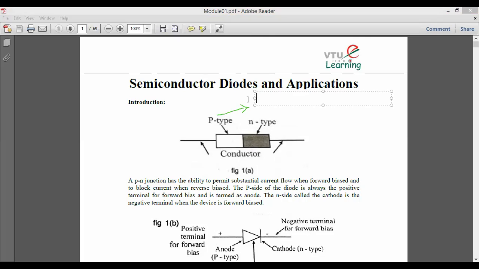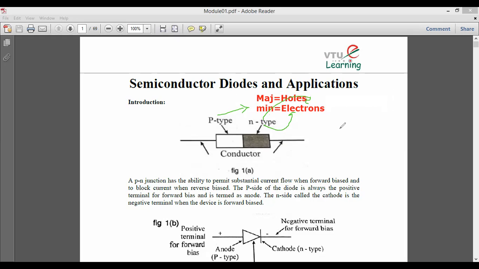So the majority carriers in the p-type material will be holes, and the minority carriers in the p-type material will be electrons. But it is the reverse case when you take the n-type material: the majority will be electrons and the minority will be holes.